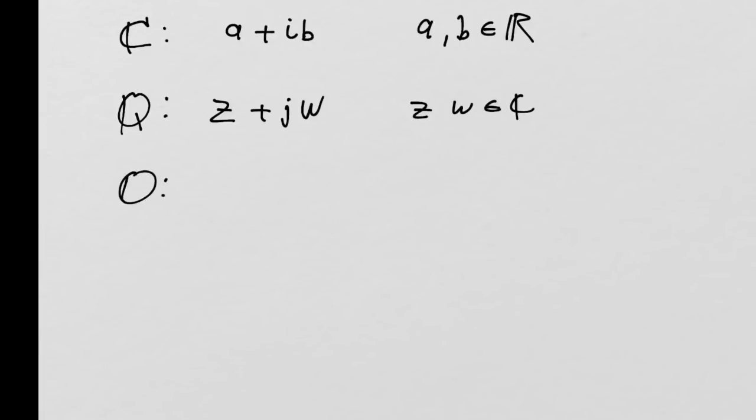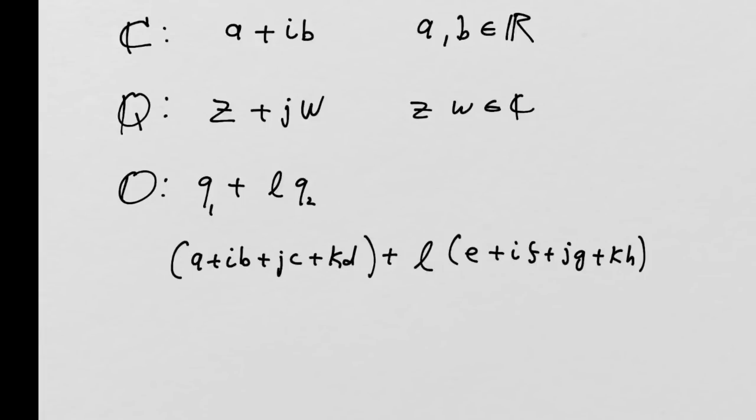And of course, octonions is in fact Q plus, I don't want to use K, Q plus, let's say L, Q2. So now I would have to blow this up, right?